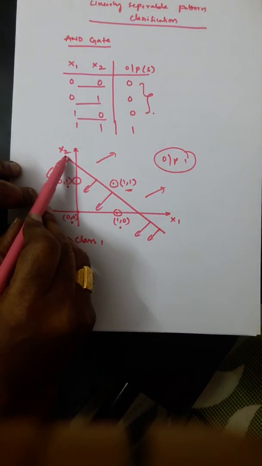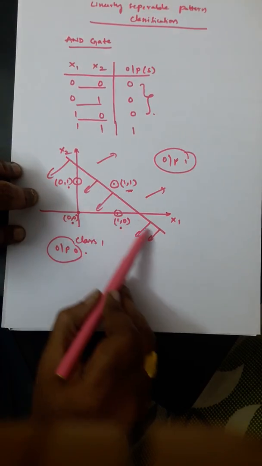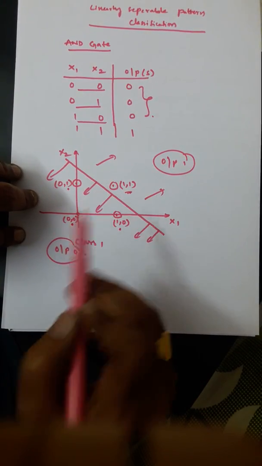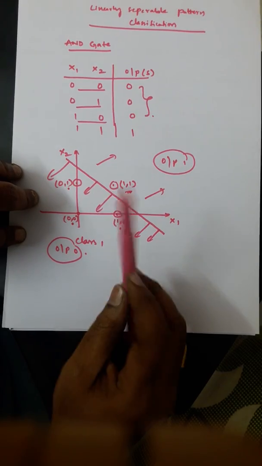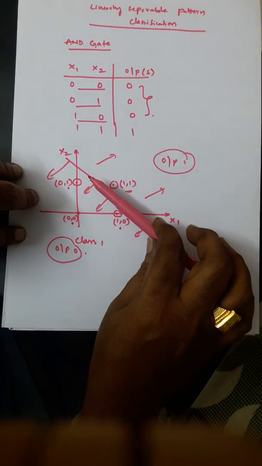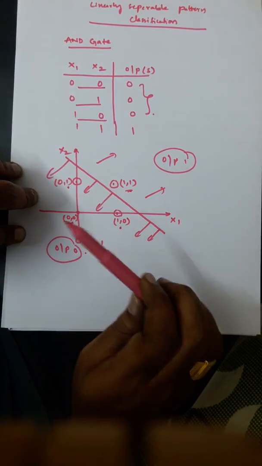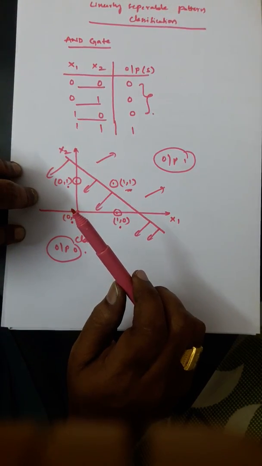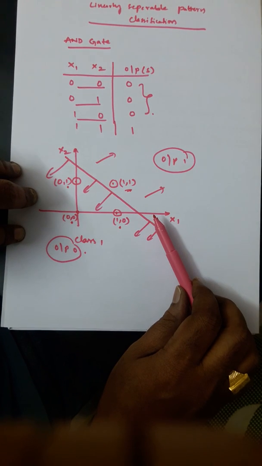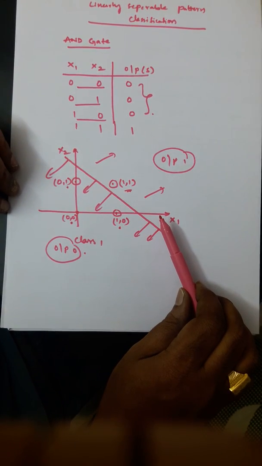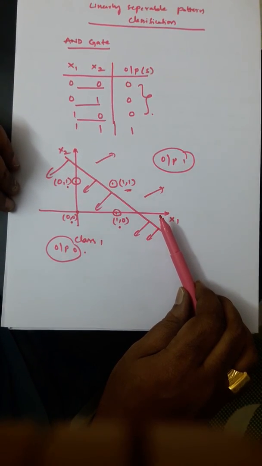So I was able to divide the given pattern space into two regions, or else I was able to classify the given input patterns into two regions, by a single straight line. I call this linearly separable pattern classification.